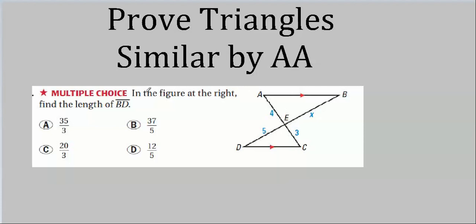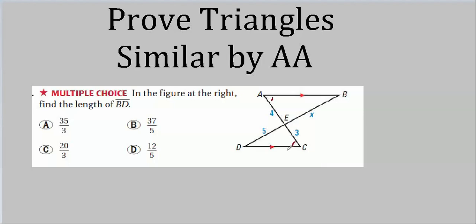Now, what they want to know is the length of BD. That's the whole thing. Well, I think we're going to have to find X before we can do that, aren't we? And remember when we set things up like this, we figured out from the last problem we did. This angle, let me just draw it in, is congruent to this angle.